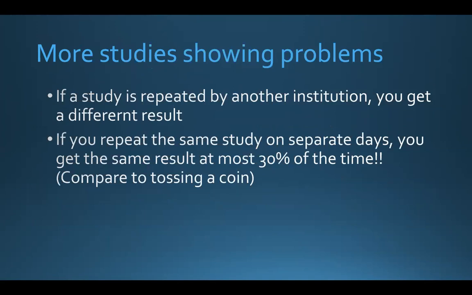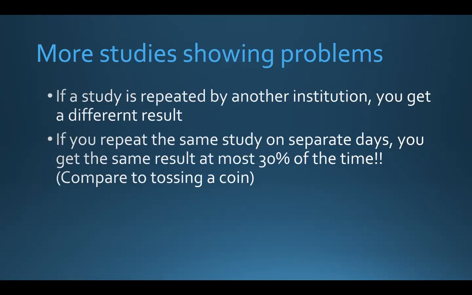Very interesting. And as they did more studies, they found that if you repeat the same study at another institution, you always get different results. In medicine, every study has to be repeated by a different institution to make sure the finding is true. But when they do it in functional MRI, every time it comes out different.